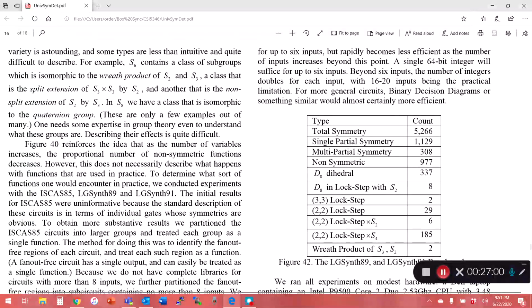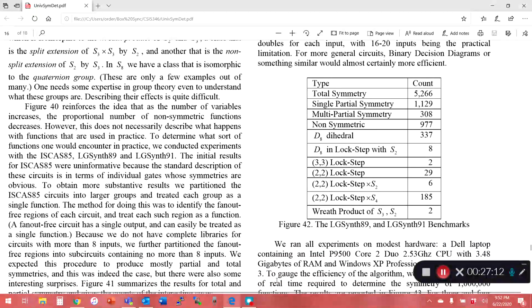Then there are 2 other benchmarks that are gate level benchmarks. They're used primarily for logic synthesis, which means logic simplification, fundamentally. And so we went through those, and there are various different types of symmetry here.